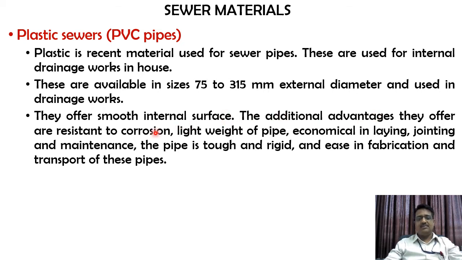And these are resistant to corrosion, lightweight and economical in laying and jointing, so even for maintenance it will be quite effective. That's why we prefer these PVC pipes for small scale work, whether it is a residential building or an apartment. The smaller quantum of sewage can be managed much more effectively by the PVC pipes.